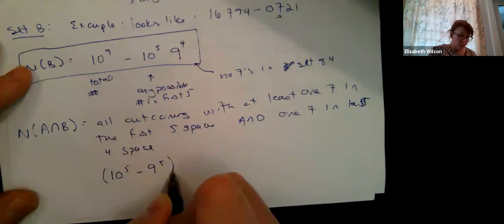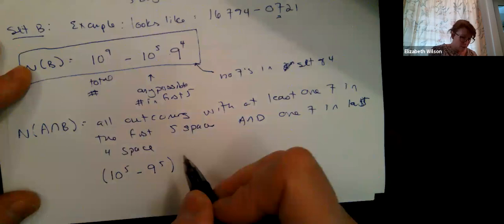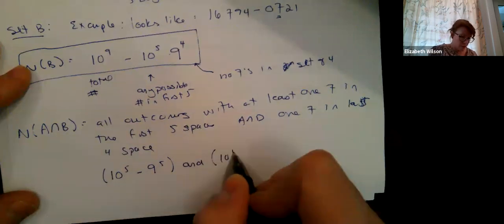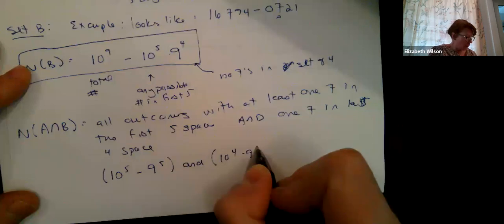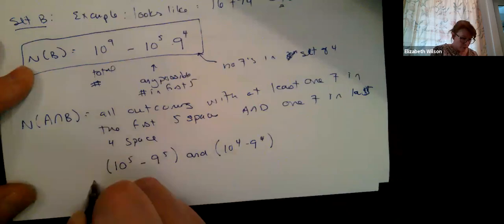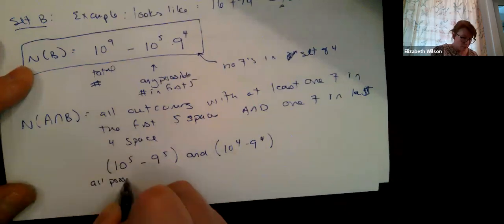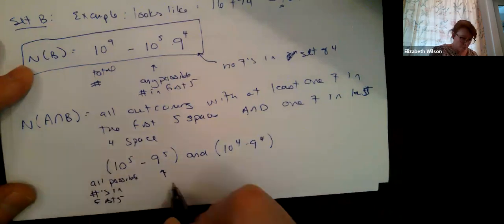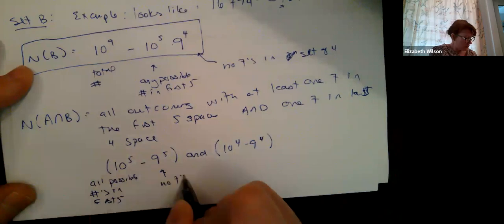Well, let me write down the math and then we'll talk about what that means. And this is our and. 10 to the 4 minus 9 to the 4. Okay, so what are we saying here? This says all possible numbers in first 5, no 7s in 5 spaces.